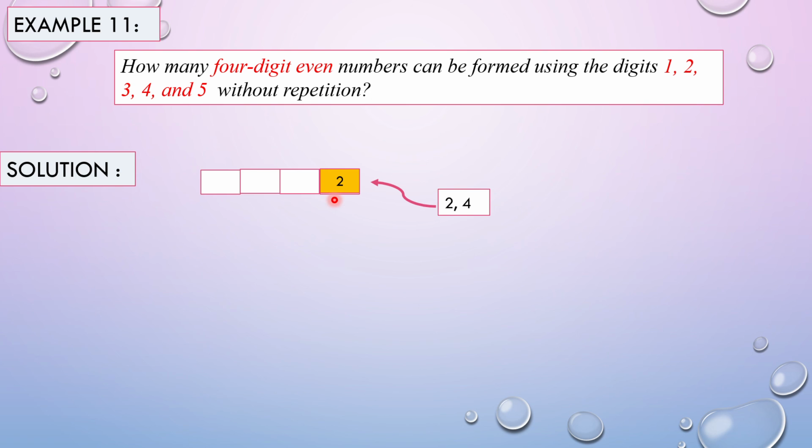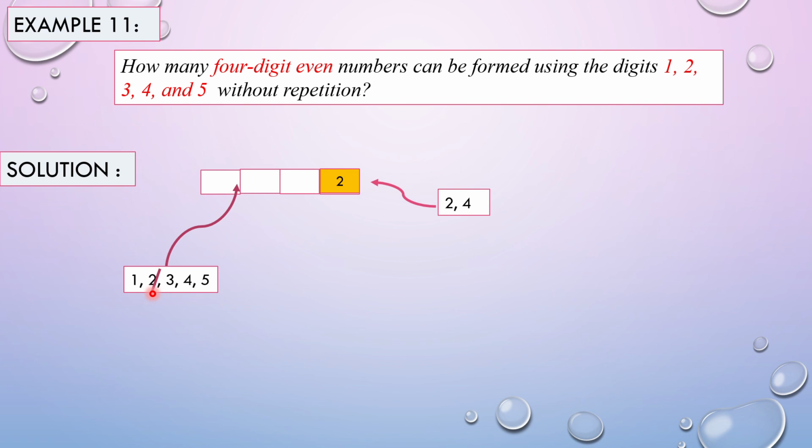Now we don't have any other condition. Therefore, you can go back to the first box. For the first box, originally we have 5 options, but since we have already occupied the last box, maybe with digit 2, remaining we have only 4 options.